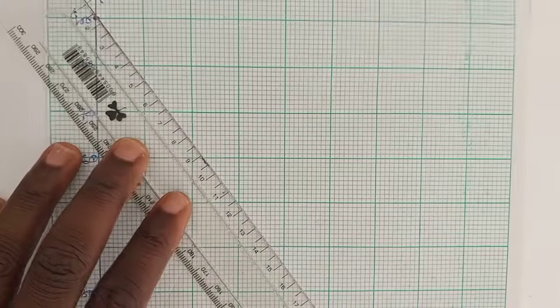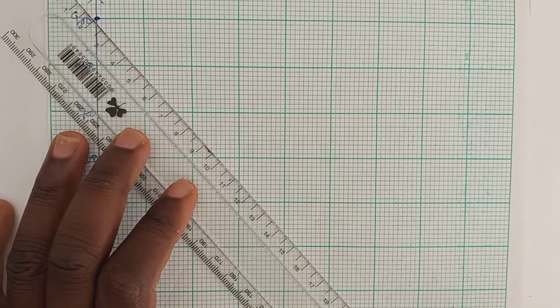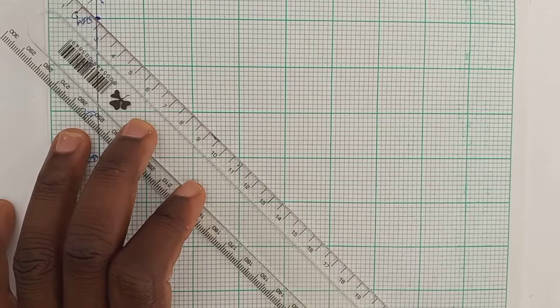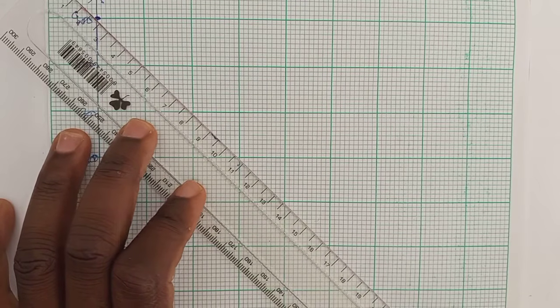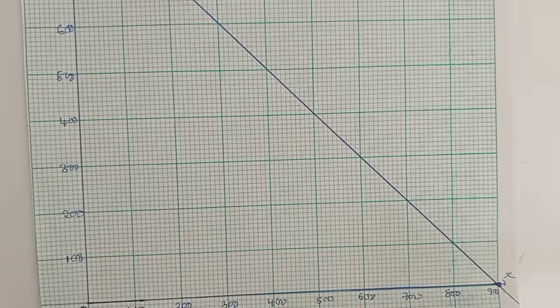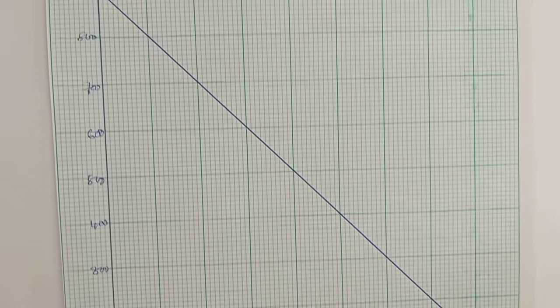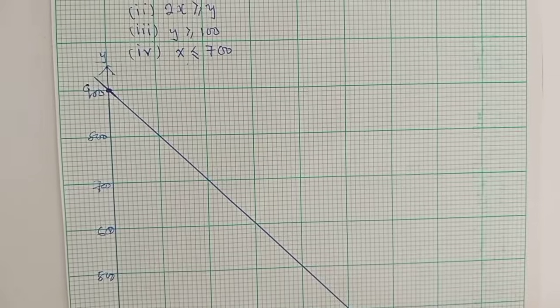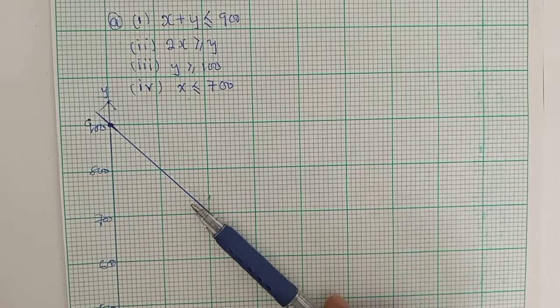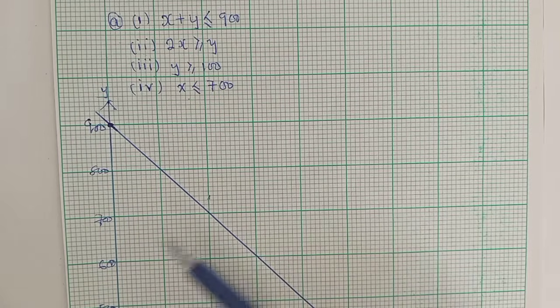So now you can put your ruler like this, y-axis at 900 and x-axis also at 900, and do your line like that. So this is what we are getting. It's passing at 900, if you can see. Now they said it's less. If you look at this line, which part is less? The bottom part.